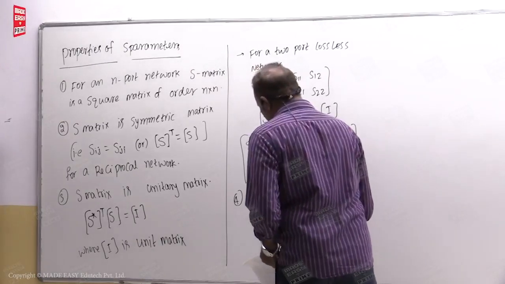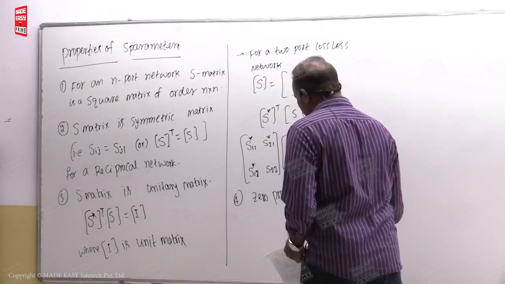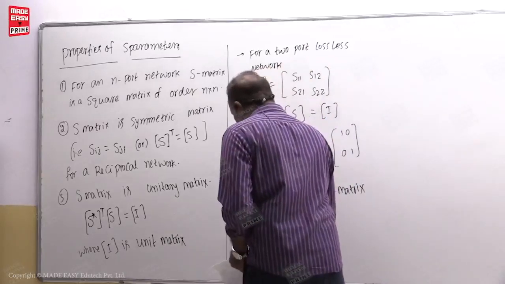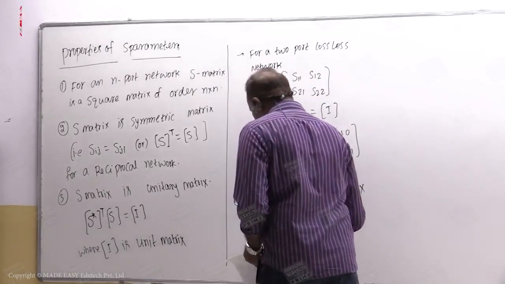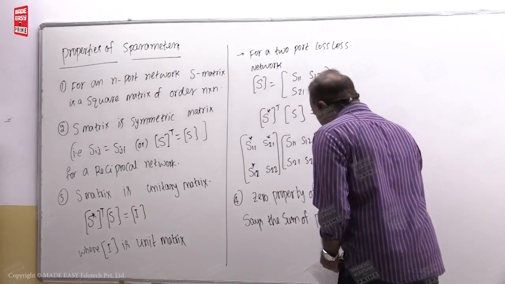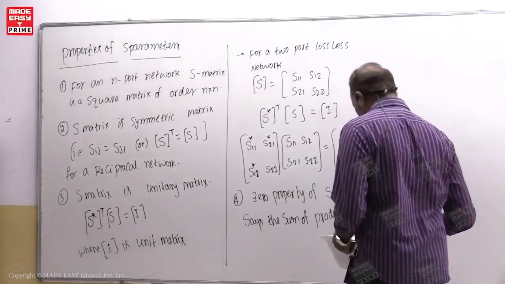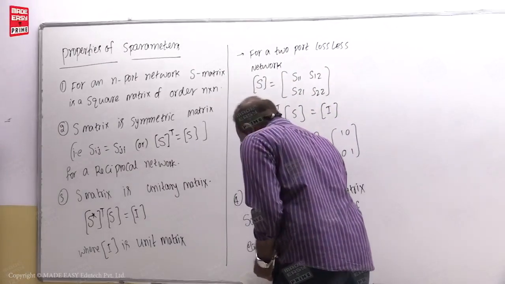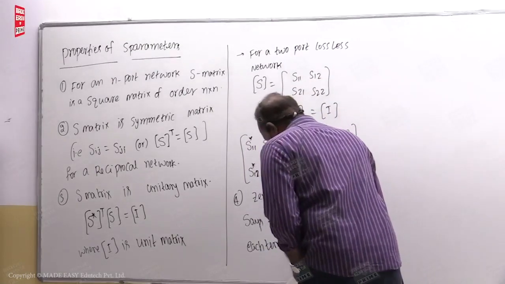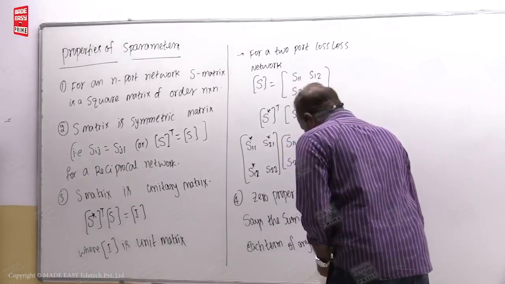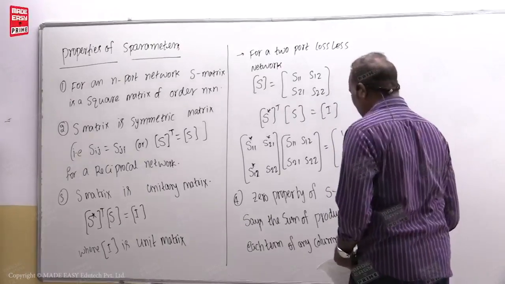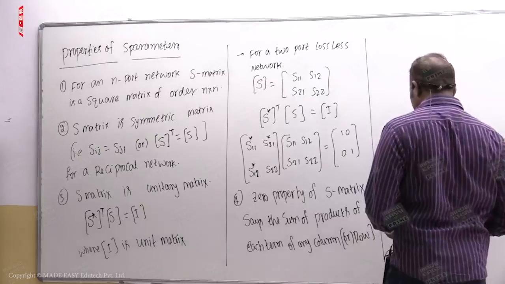Zero property of S matrix says the sum of products of each term of any column, or otherwise this is applicable for row also. If you take column, you have to multiply with other column. If you take row, then you have to multiply with other row. That is the meaning of that.